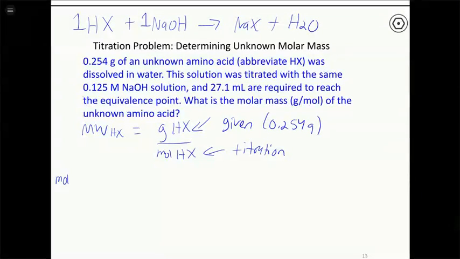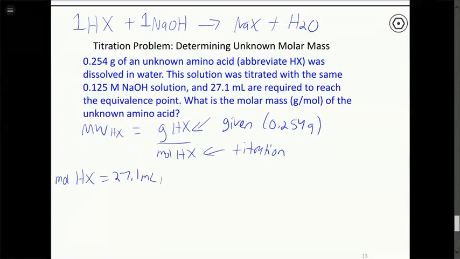So if we want to find the moles of HX, we know that we use 27.1 milliliters of our NaOH solution. So we have 27.1 milliliters of our base. The molarity of our NaOH, we know in this case, is 0.125 molar. So we have 0.125 moles of NaOH per 1,000 milliliters.